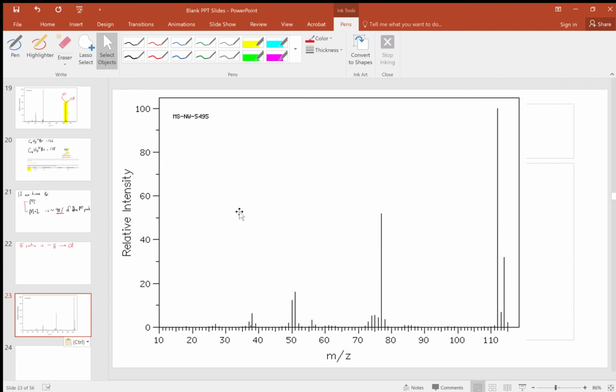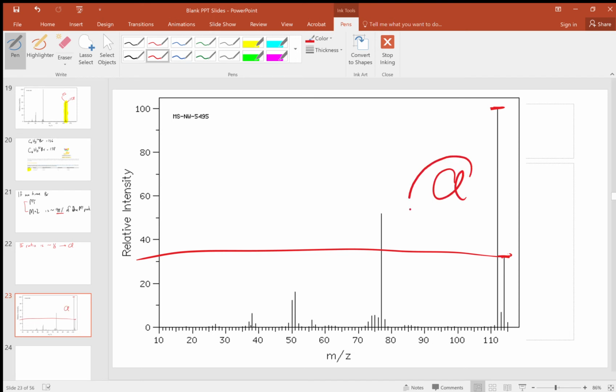We can see that here. Here we have an M plus that's at 100 and an M plus 2 that's approximately a third the intensity of the M plus peak. So that tells us that this molecule contains a chlorine. Why the 1/3 ratio for chlorine?